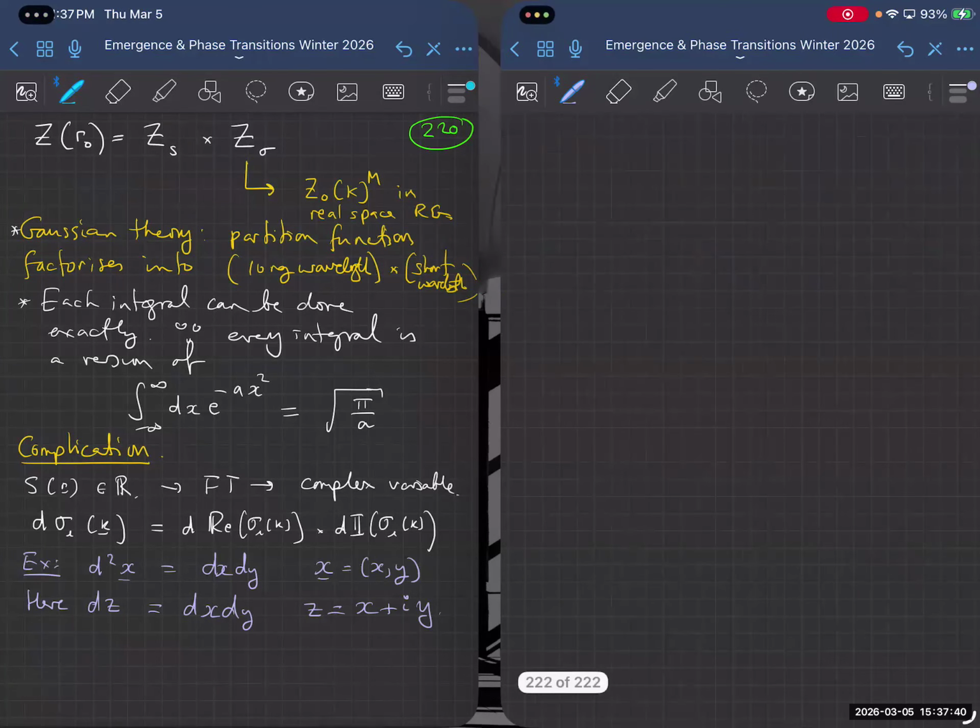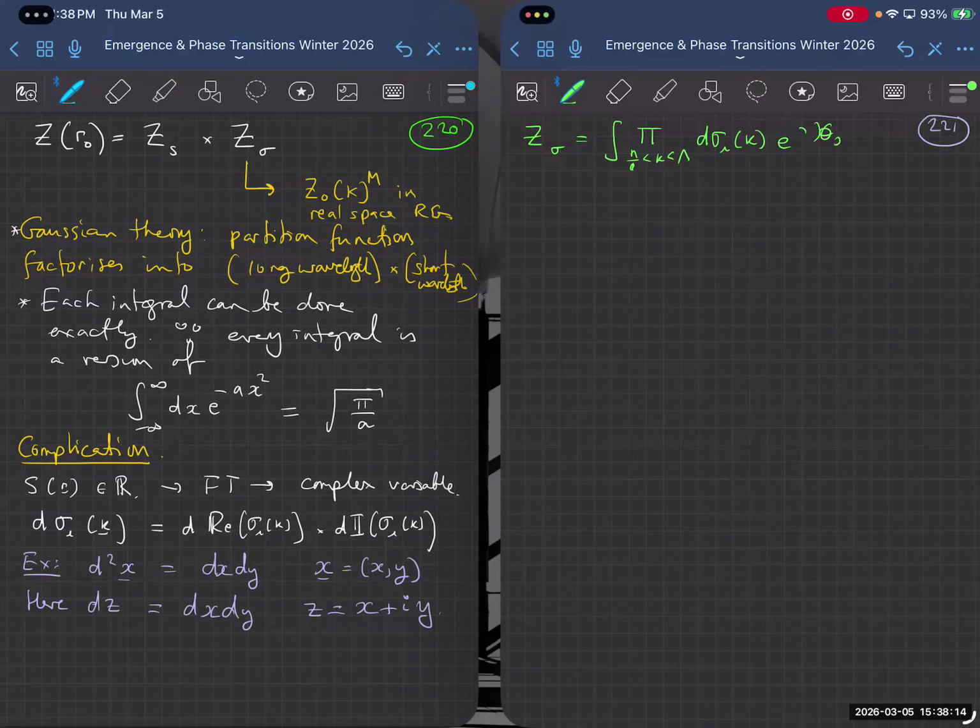Okay, so now let's do the integral. And the one I'm going to do is the sigma integral. So let's have a look at what is Z sigma. This is the integral of the product over lambda over L is less than K is less than lambda, d sigma L of K e to the minus H sigma.